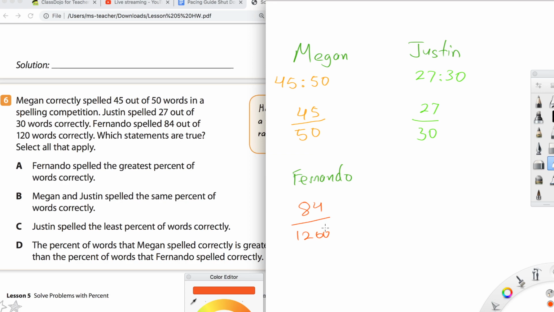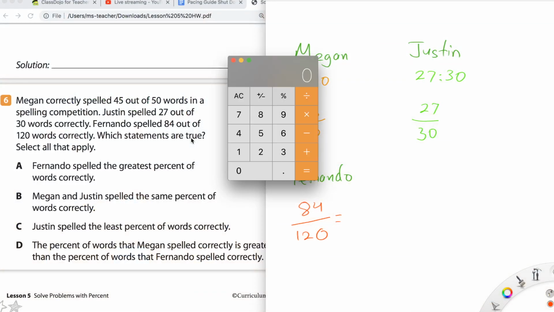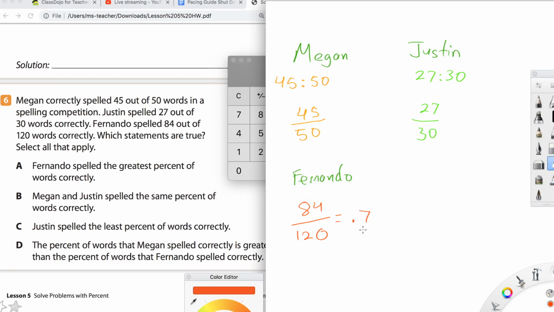Now, to make these into percentages, we must divide the number on top by the number on the bottom. So we're going to do 84 divided by 120, and we get 0.7. 0.7 means 0.70, which means 70%. Now let's look at Justin, 27 over 30, words spelled correctly.